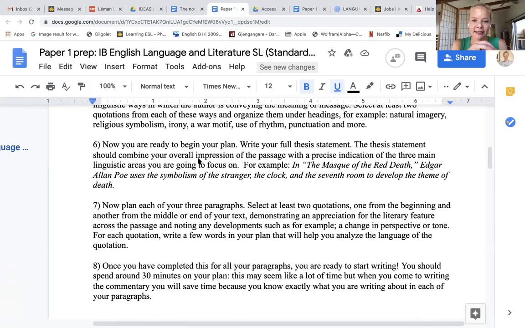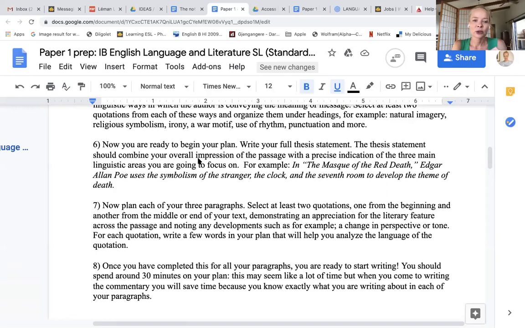The next step is to begin to plan to write. You want to write out your full thesis statement. Here's a sample, because the thesis statement is kind of hard to come up with sometimes, especially under pressure on an exam. For example, in The Masque of the Red Death, Edgar Allan Poe uses the symbolism of the stranger, the clock, and the seventh room to develop the theme of death.